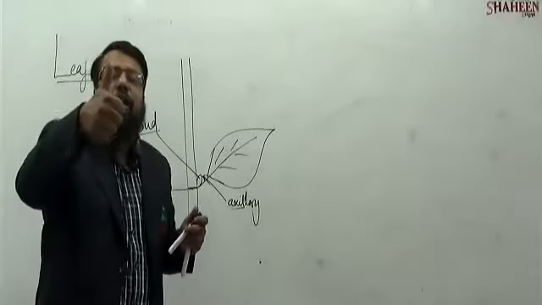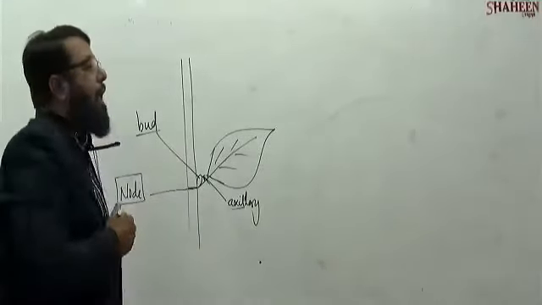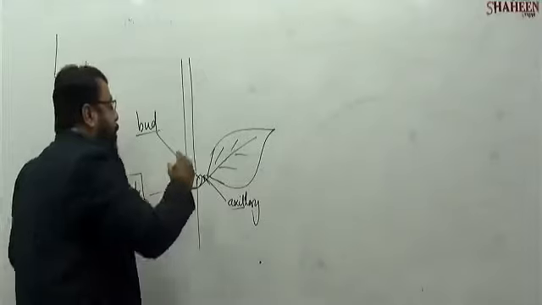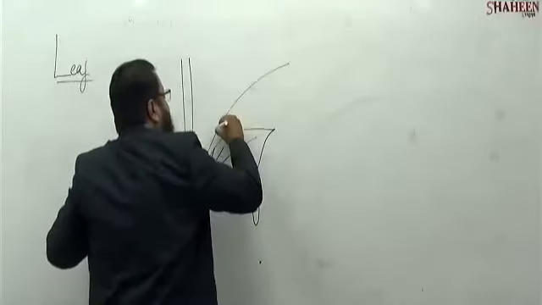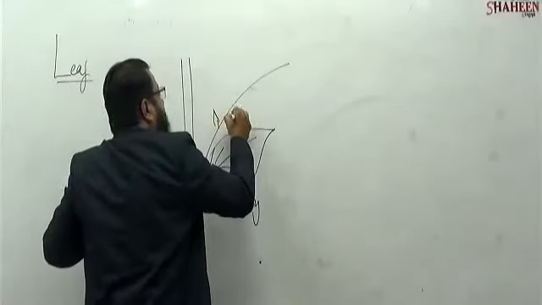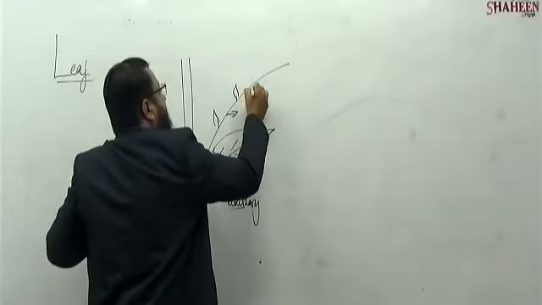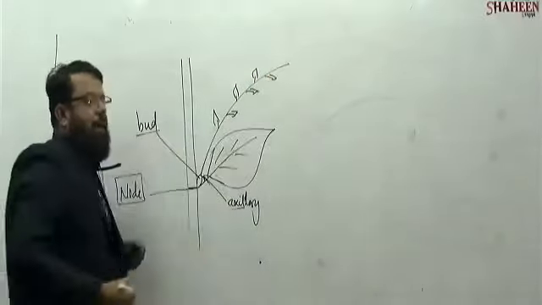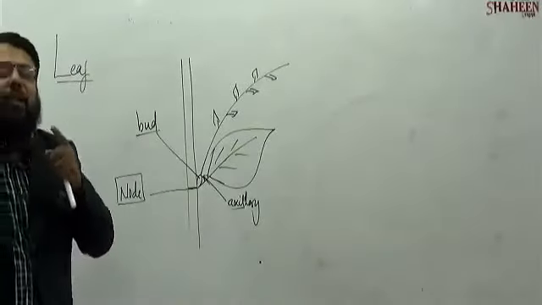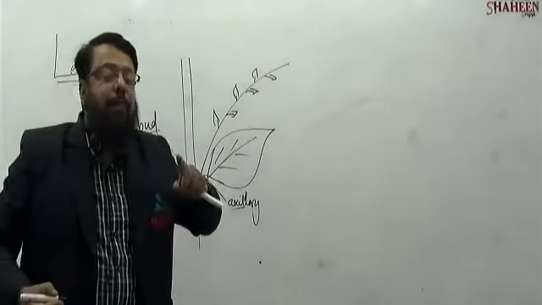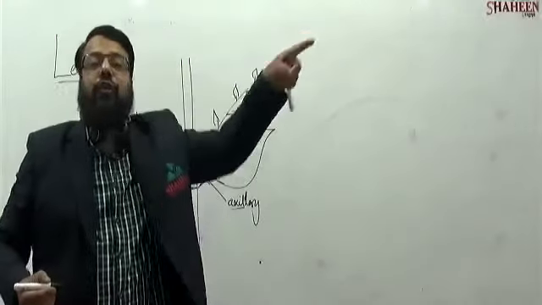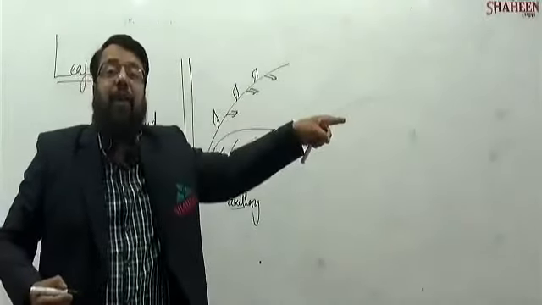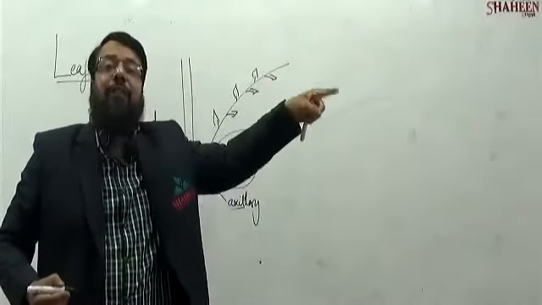What is the function of this axillary bud? Axillary bud is present to produce branches in future, it may grow into a branch. That axillary bud may grow into branches, or it may produce a flower also, or an inflorescence also.